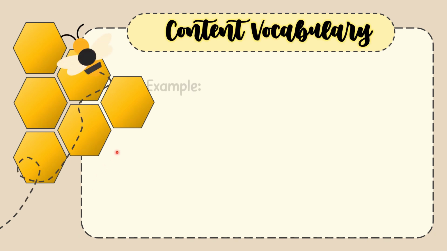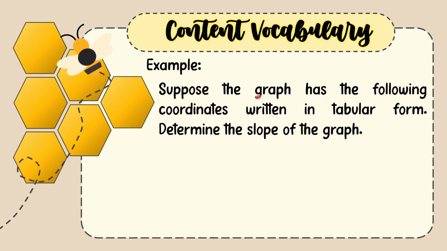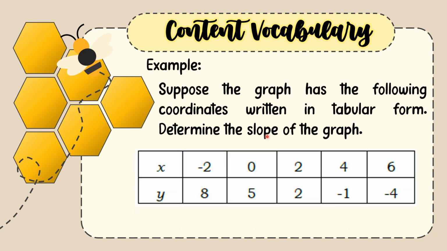Now, let's have this example. Suppose the graph has the following coordinates written in tabular form. Determine the slope of the graph. So, we have here the table where the values of x and y are given.